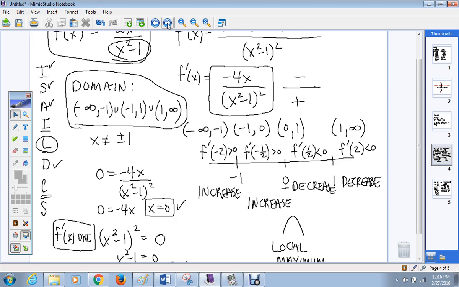And from 1 to infinity, we are decreasing. So let's just draw those in. And also we have a local maximum at 0. So we'll remember to draw that in also, local maximum. But let's just draw on our graph now.